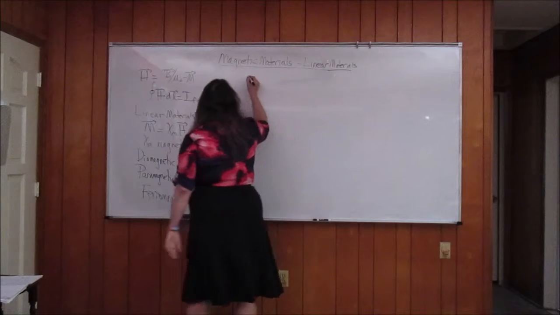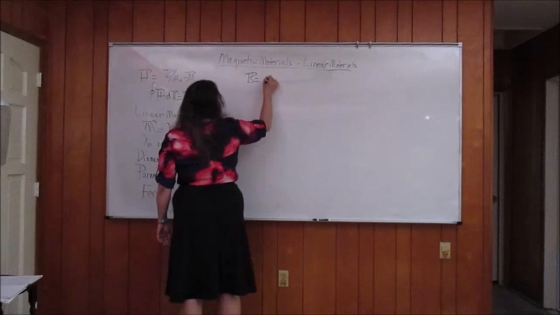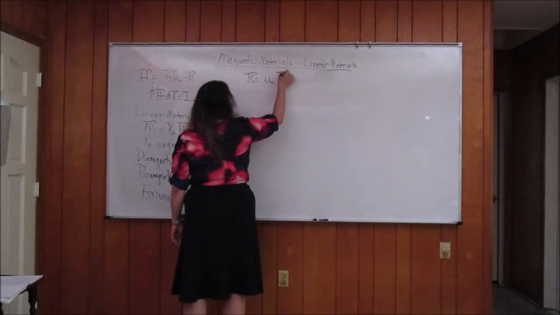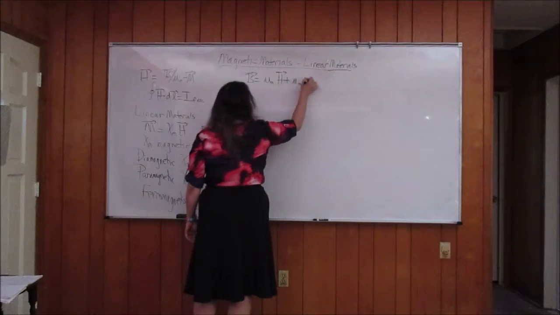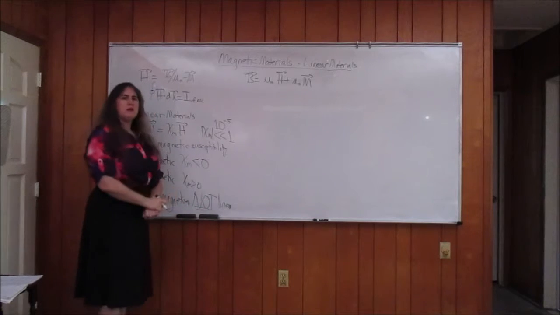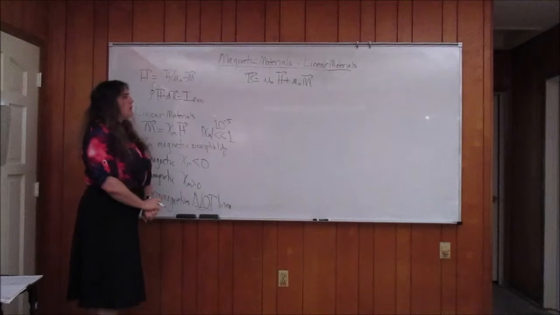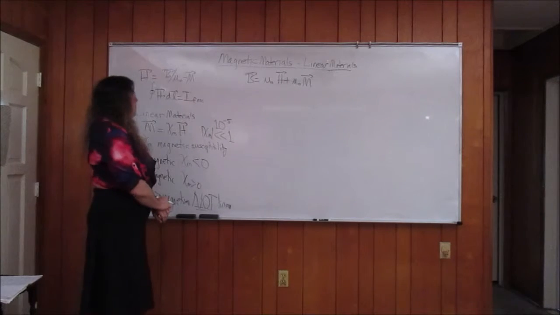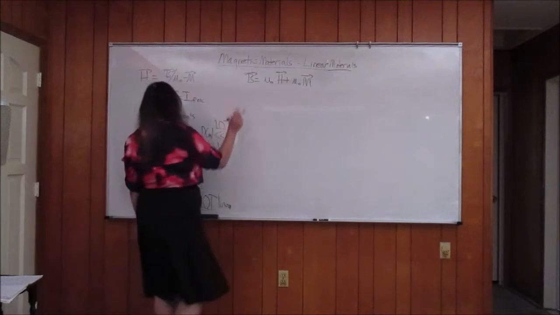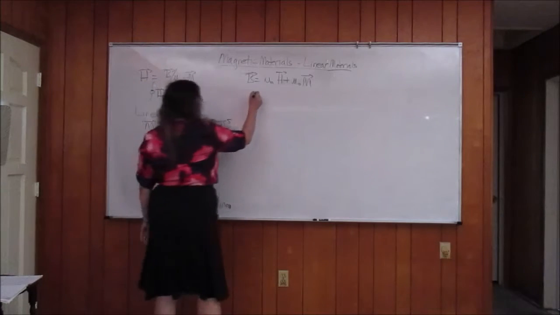Now let me just rewrite the magnetic field, B. And that's equal to the permeability times the H field, plus permeability of free space times magnetization vectors. I'm going to substitute in this expression, which holds for linear materials.